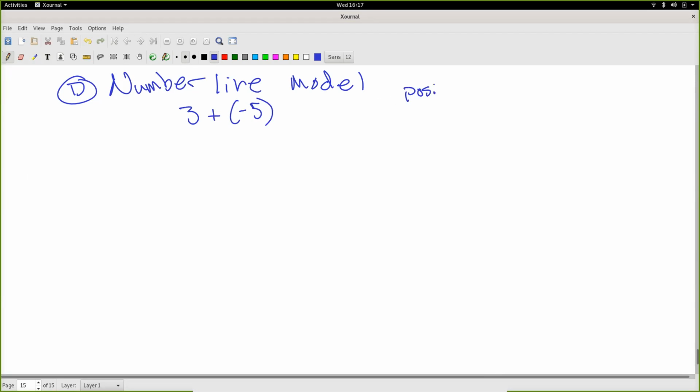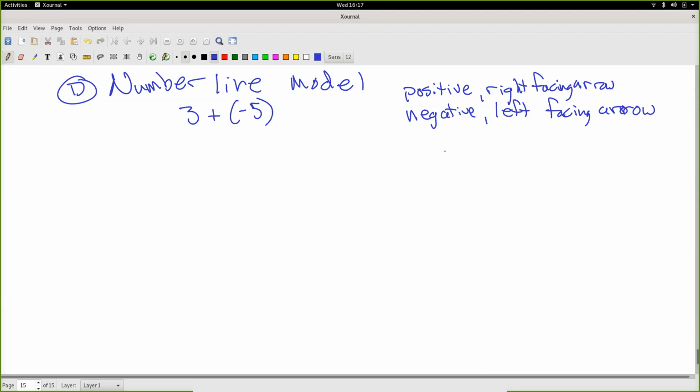Positive is a right-facing arrow. Negative is a left-facing arrow. And then 0 is no movement. That's important in case we need it.